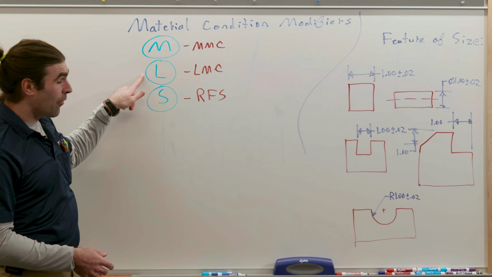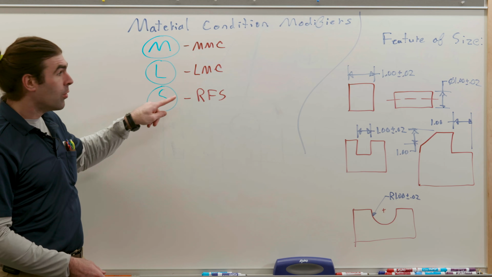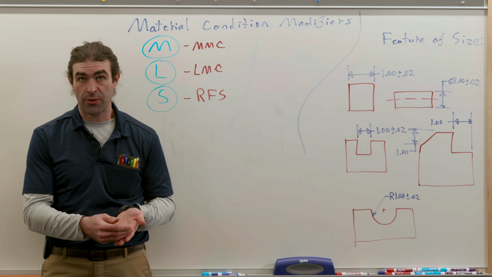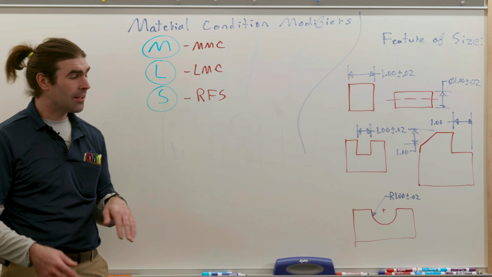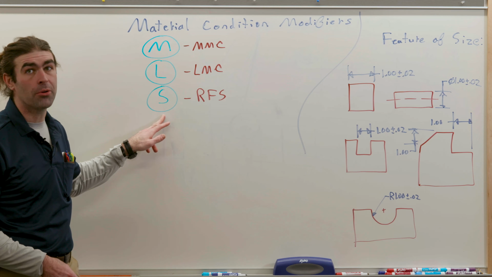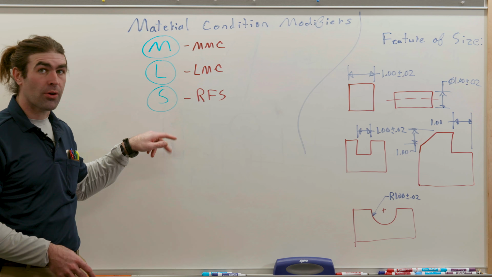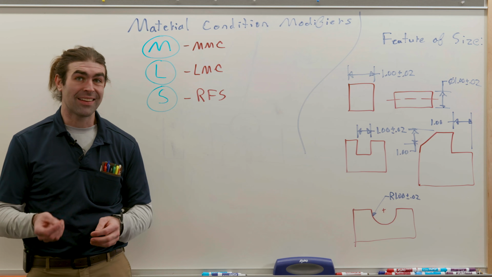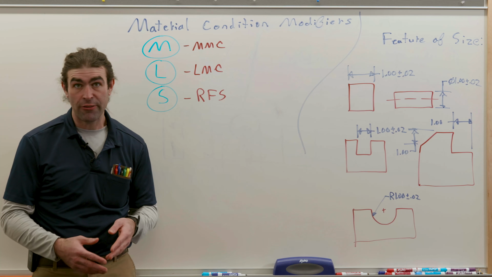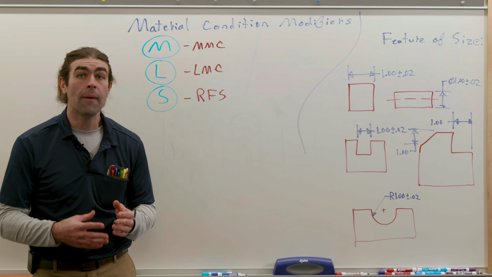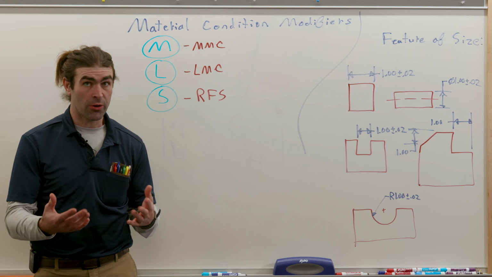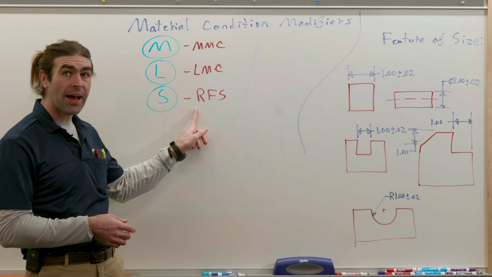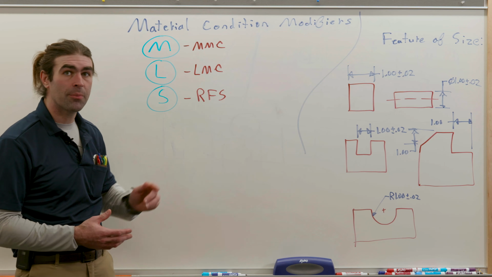Next is LMC, L with a circle, or LMC, spelled out it is least material condition. And then I put the symbol here. It's an S with a circle. Currently, the symbol is not used, and it has not been used since the ASME Y14.5 1982. But some people still are comfortable with this symbol in notes and things. So it's spelled out as RFS.